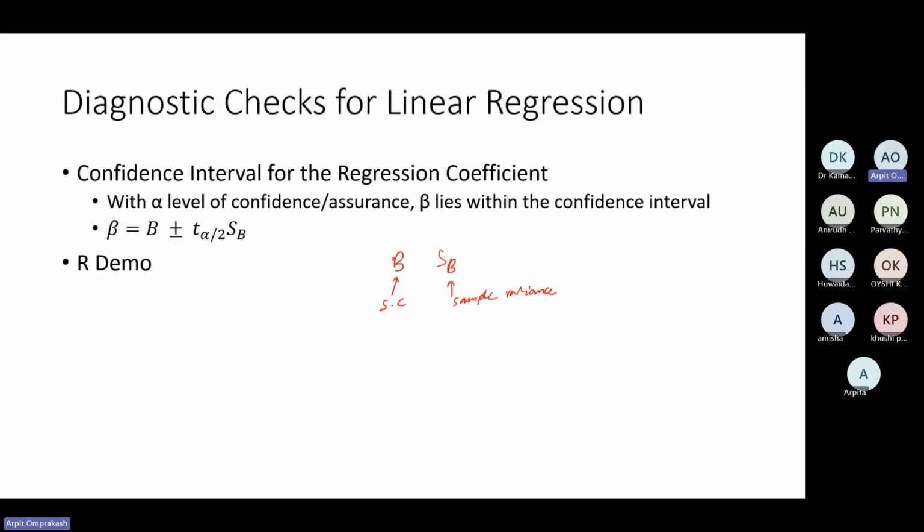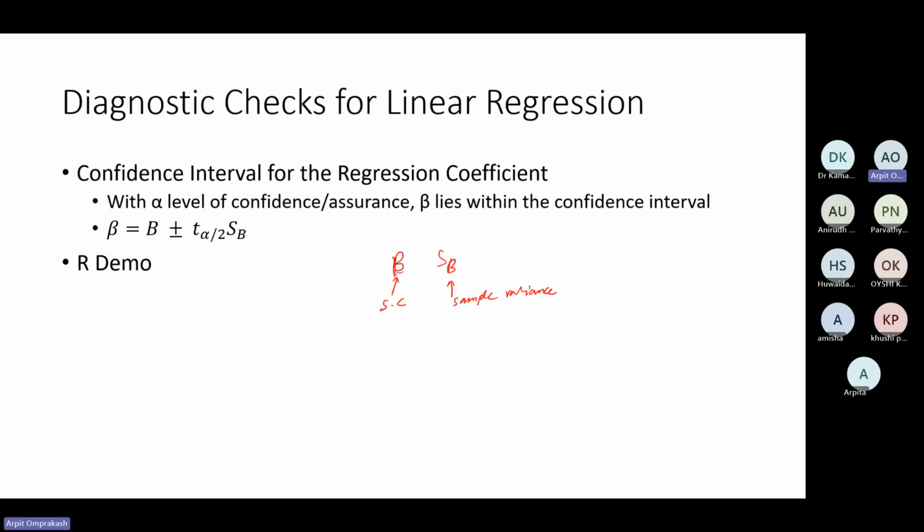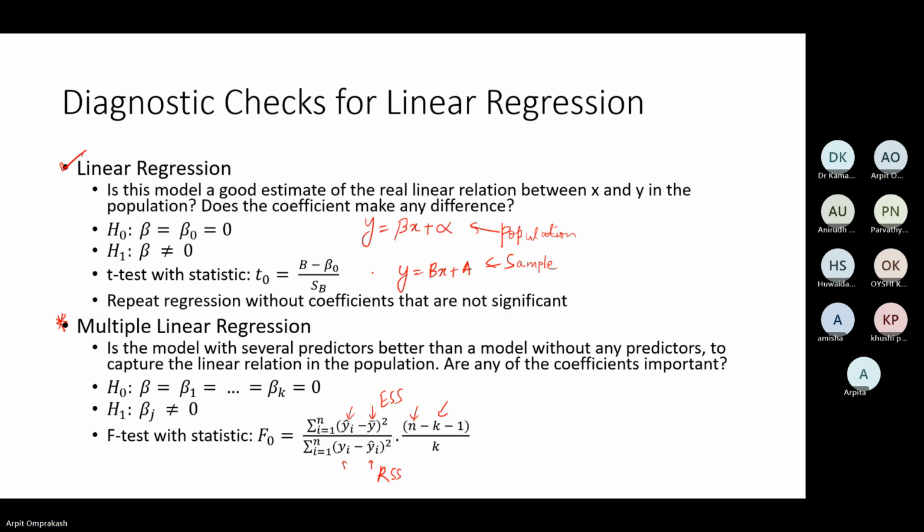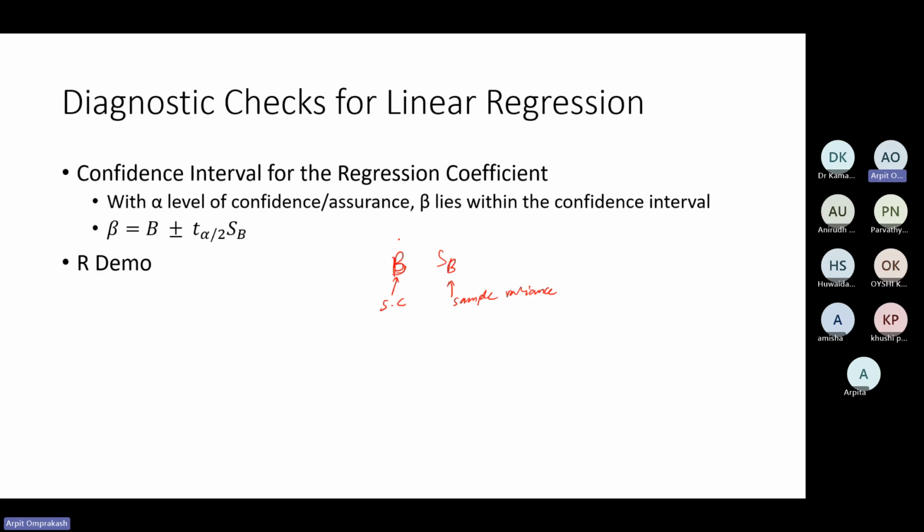Given this sample regression value B, we want to figure out where the population value lies. We fit our data to our sample, but we want to know the value of this beta at the population level. Using a confidence interval, we can calculate beta as such.